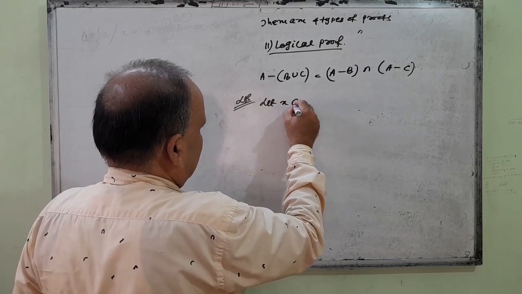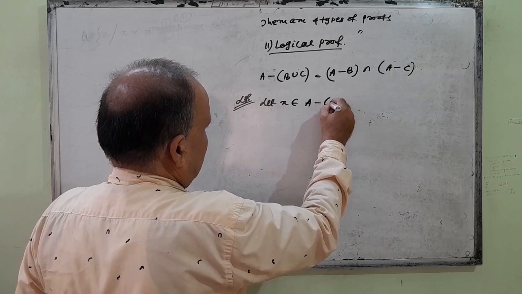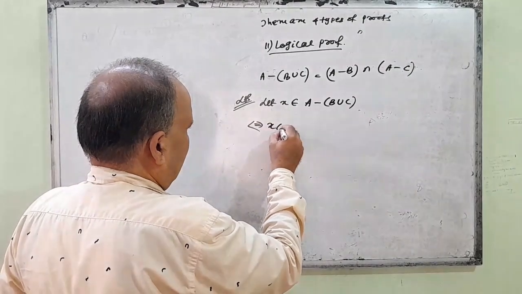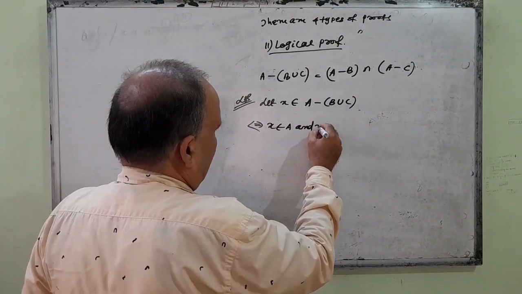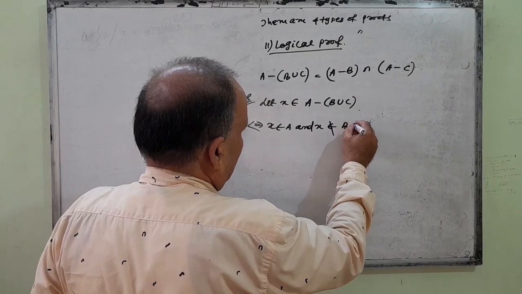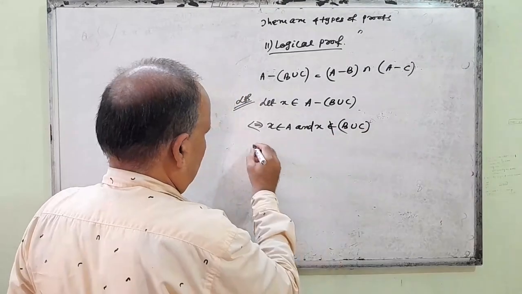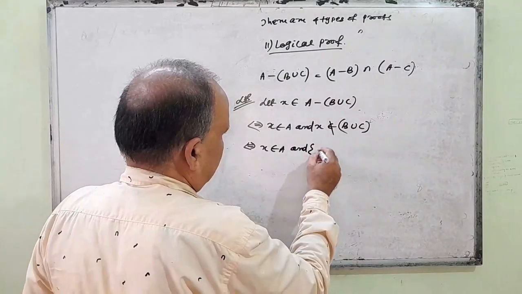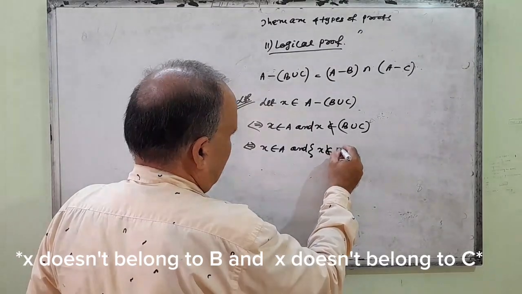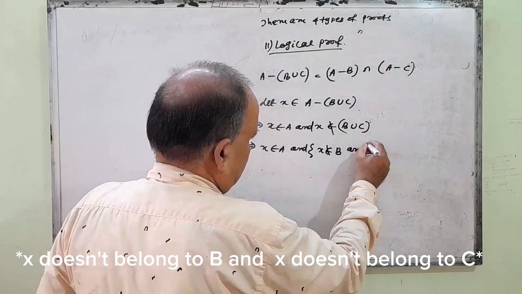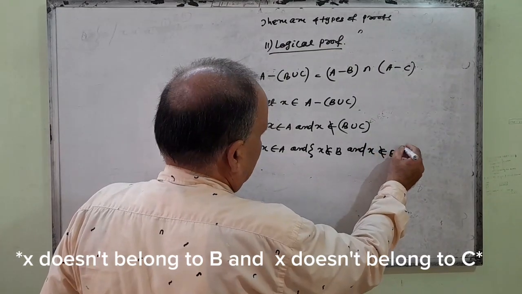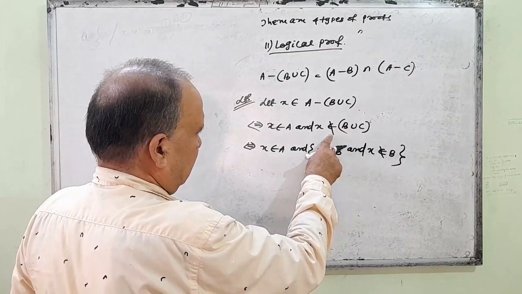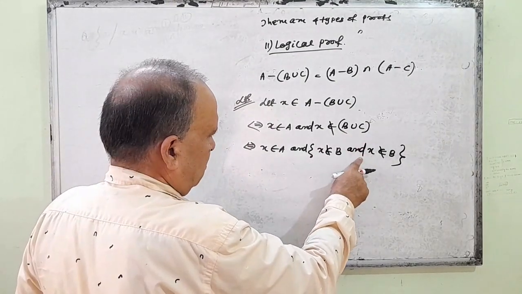Start with the LHS. Let x belong to A minus B union C. This implies and is implied by x belongs to A and x does not belong to B union C. This implies and is implied by x belongs to A and x does not belong to B and x does not belong to C. Although that is union and that is the negative sign, union is converted into and.